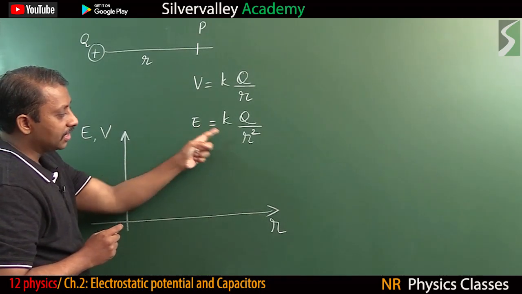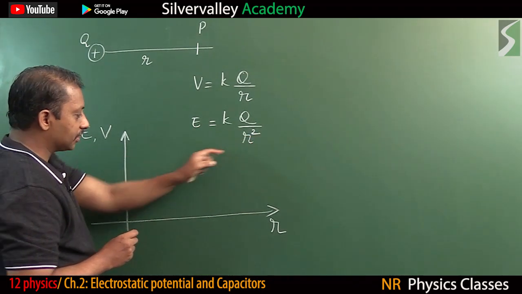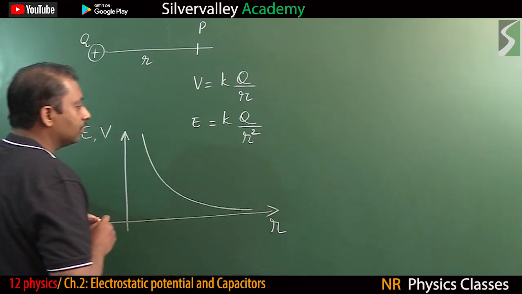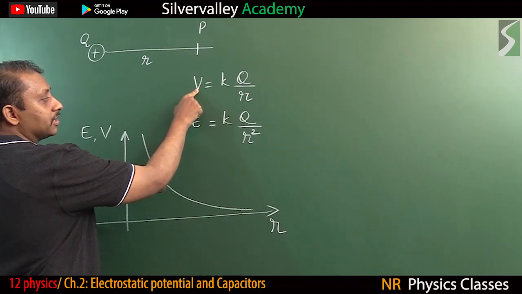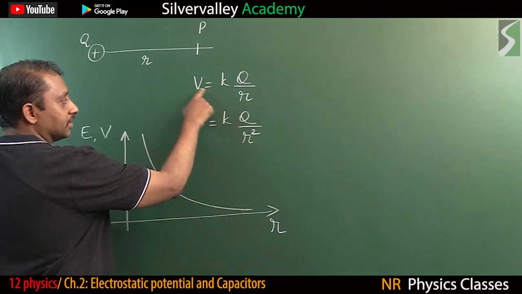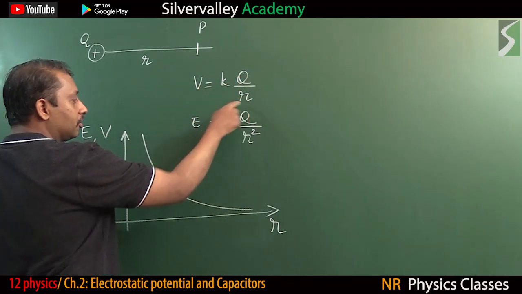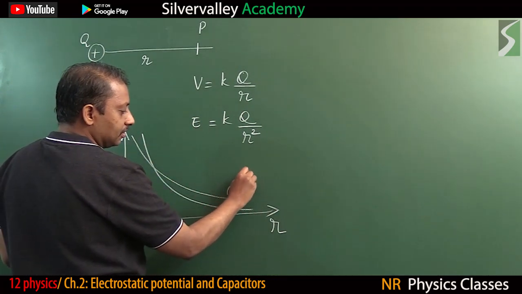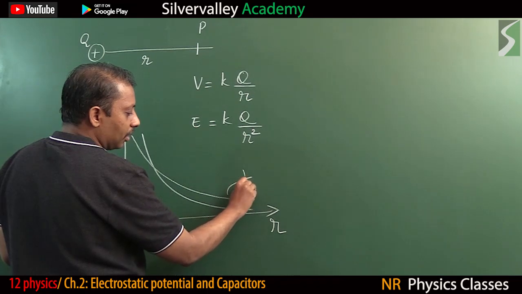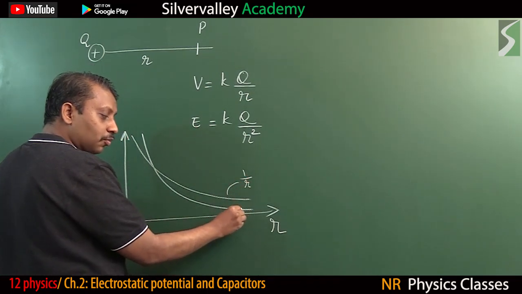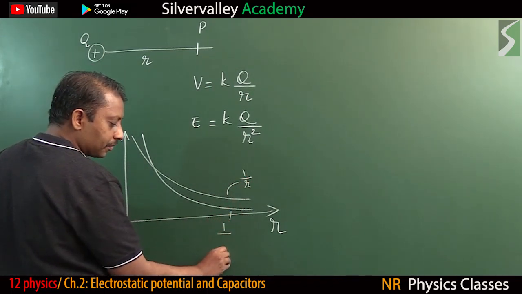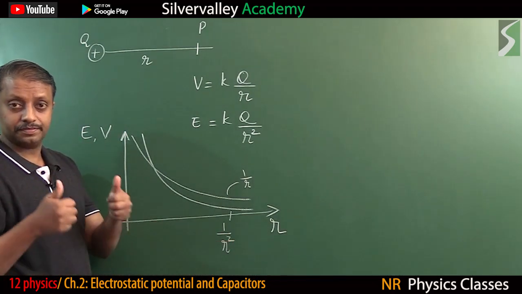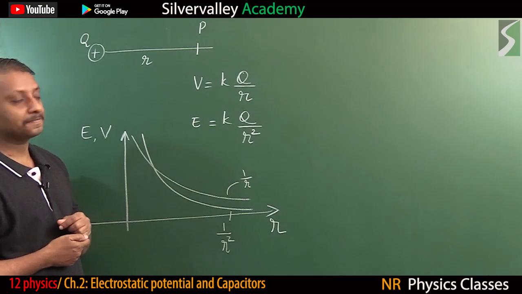Since electric field is inversely proportional to the square of the distance, it falls sharply like this. Whereas electric potential is inversely proportional to distance, so it goes like this. So this is 1 by R. The one which falls more sharply is 1 by R square. That's because of R square, okay?